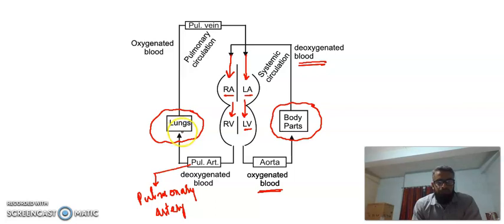Lungs, after the oxygenation, give out the oxygenated blood that comes out through pulmonary veins and goes to the left auricle of the heart, and deoxygenated blood from the body parts goes to the right auricle of the heart through the vena cava. Hence the cycle is completed.